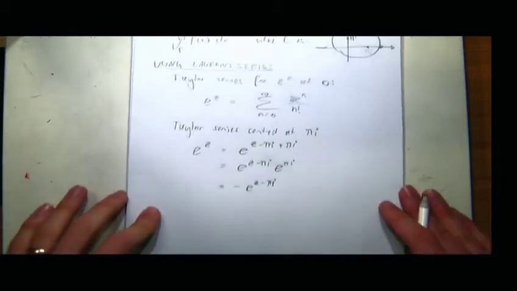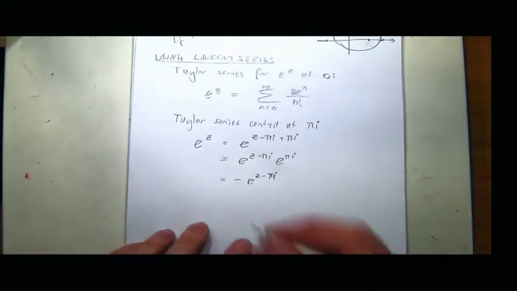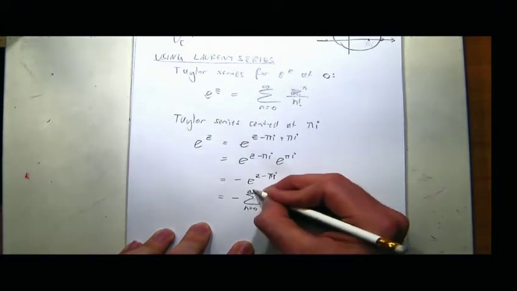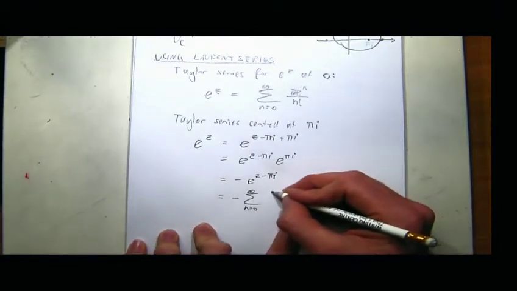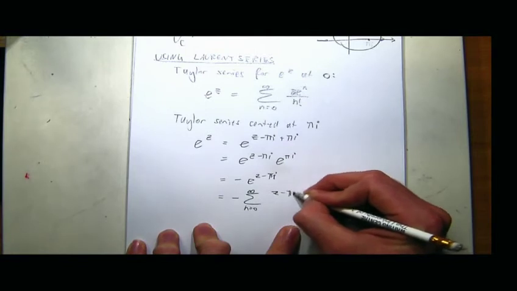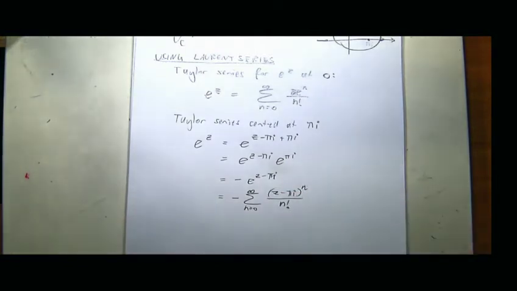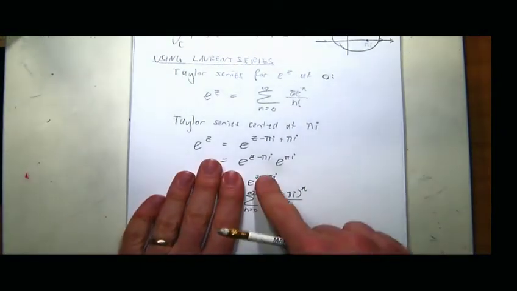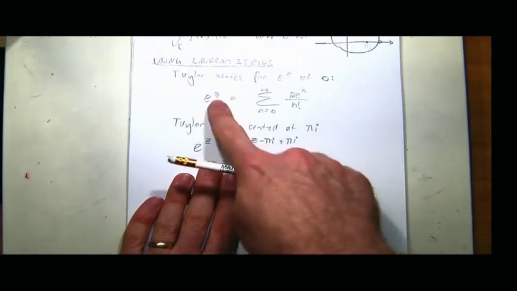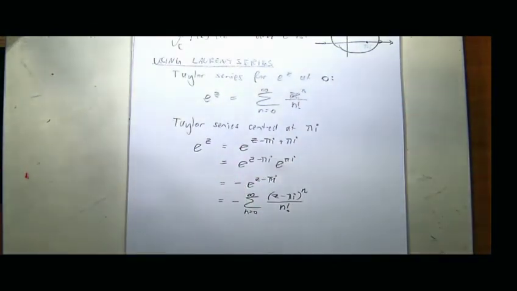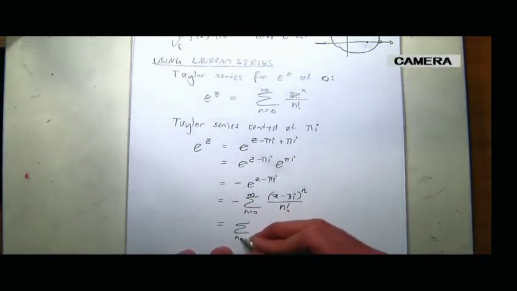Okay. And then, of course, I sub, so without the minus, this is the same as up here, but with a z minus pi I inside of a z. So I sub the z minus pi I into there, and that is my thing.